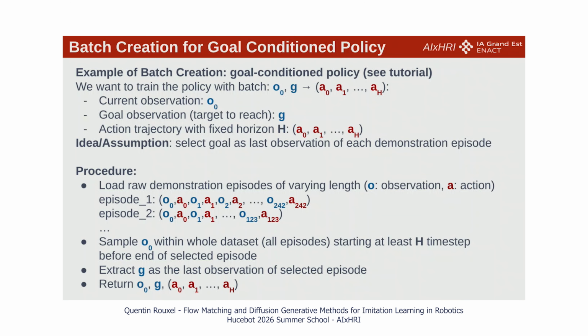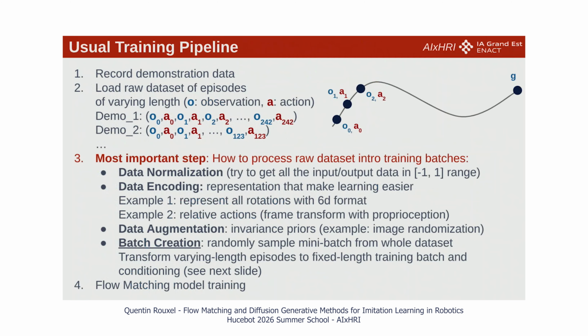So I will just go quickly over one example that we're going to see in the tutorials, but there are many other ways to do that. Typically, you want to learn a policy that goes from observation, maybe one goal, which is the goal observation you want to reach, and the sequence of action. One assumption you could make is how you select this goal. Because in the original data, you just have a long list of observations and actions.